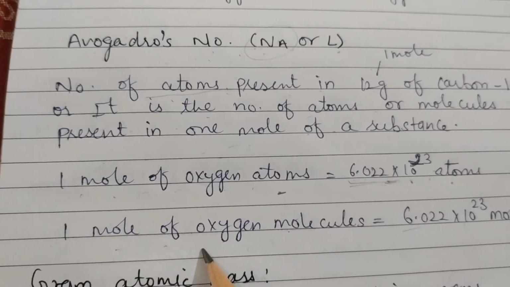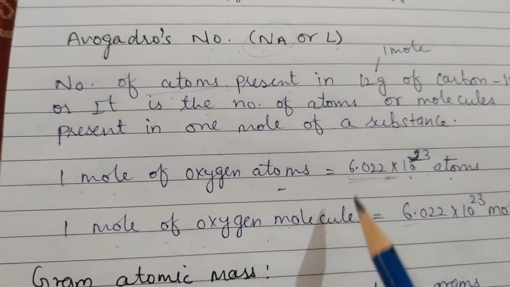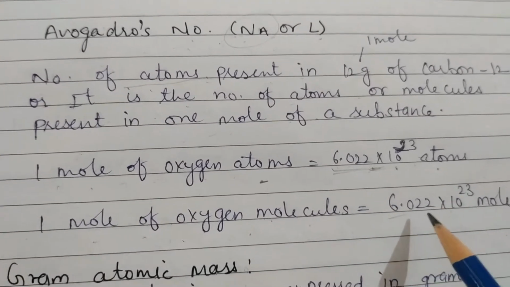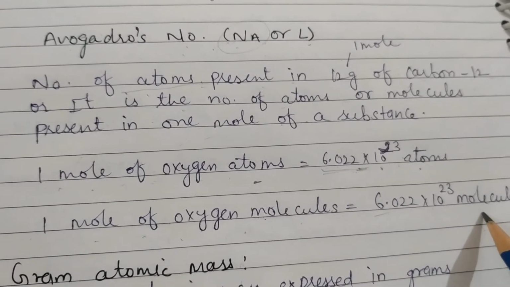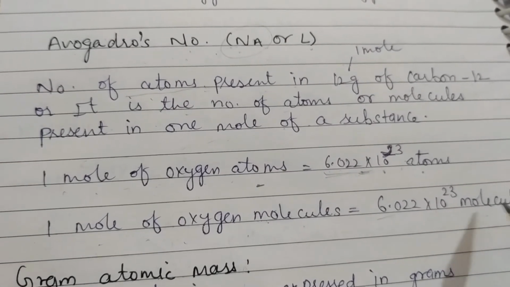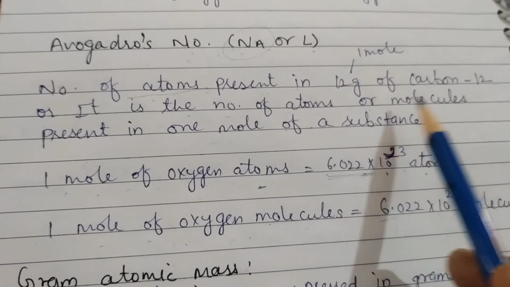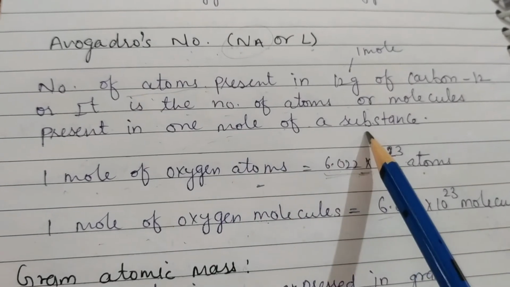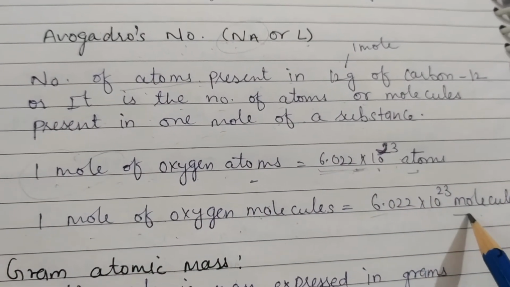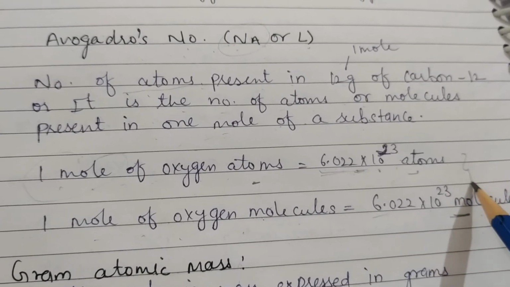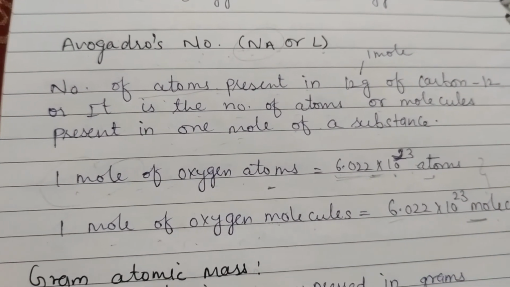So 1 mole of oxygen molecules will be equal to 6.022 into 10 raised to power 23 molecules. I hope this is clear. Because it is the number of atoms or molecules present in 1 mole of substance, the Avogadro number just tells us about those things.